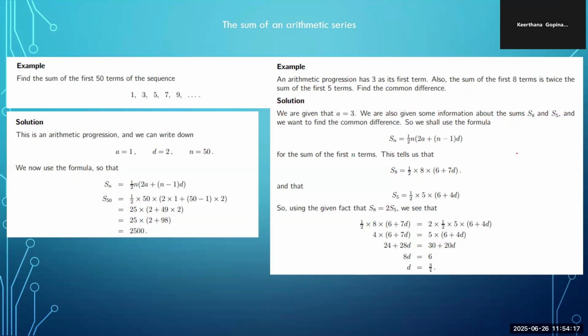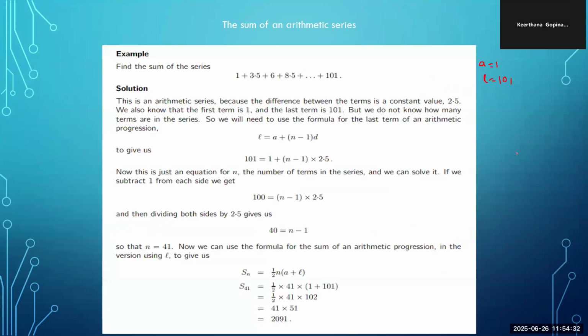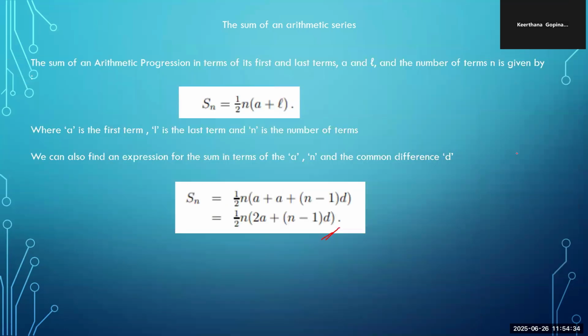When the last term L is not given, here we have to use d because we have been asked to find d. If L is given, you have to use the other formula. If you have L, which formula will you use? Half n into a plus L to find the sum.